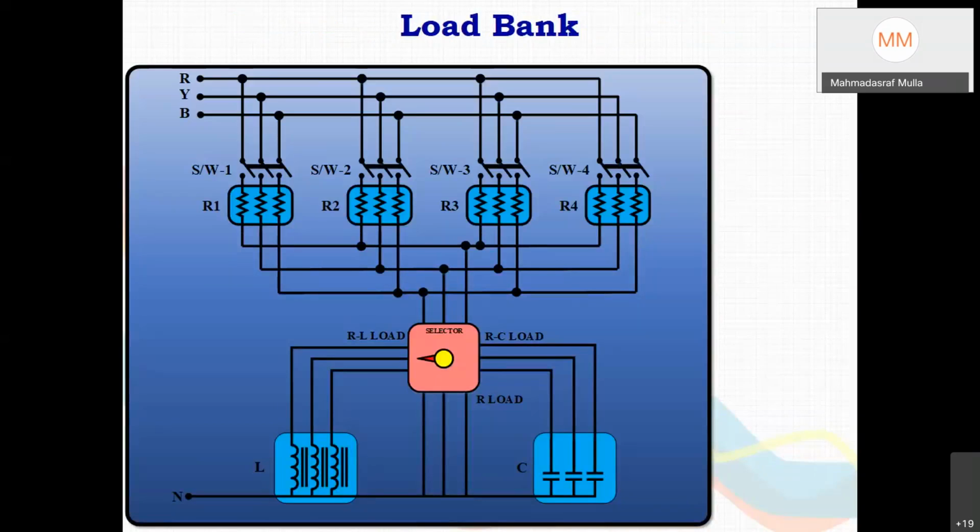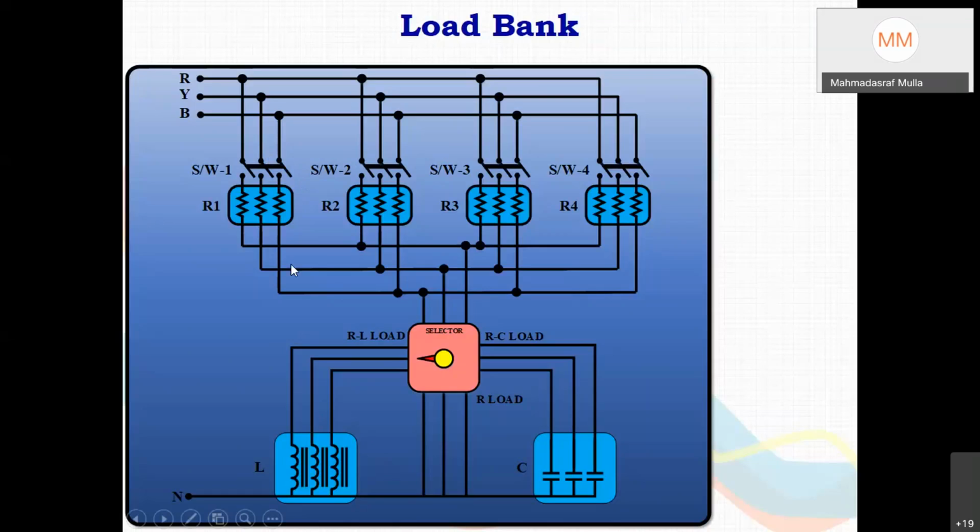Now for the load bank, there are a number of variable rheostats: bank 1, bank 2, bank 3, bank 4. Then those resistances can come in series with a reactor. Then it is an RL load bank. So we are varying the RL load bank reactive power by changing current.